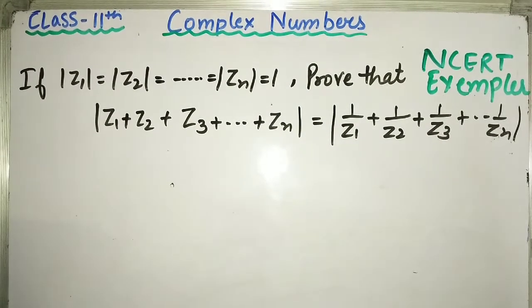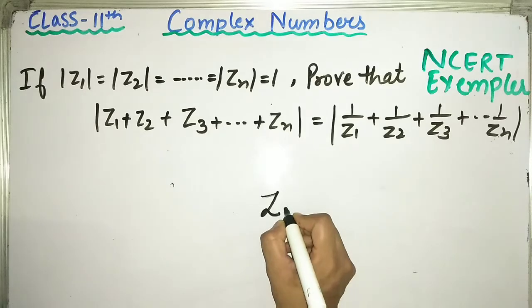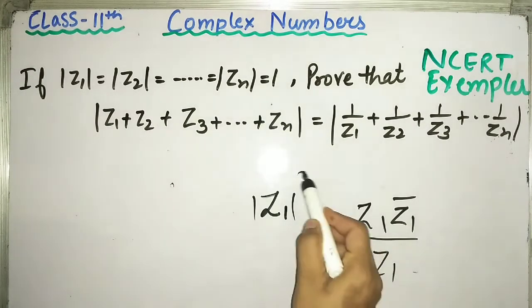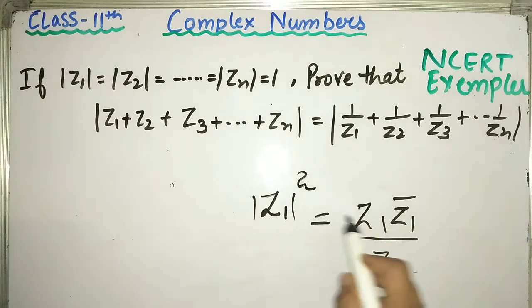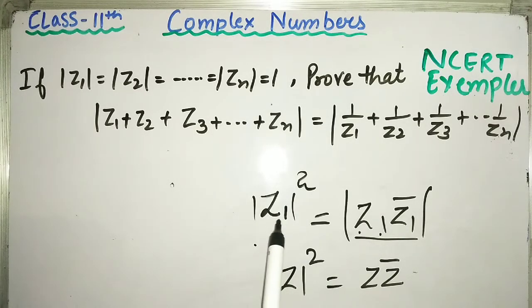I'm going to use one trick here. I know that modulus of Z1 square, what will it be? Z1 bar. You know it? See, let me take a simple complex number like modulus of Z square equals Z bar. Okay, I'm going to use it as Z1.